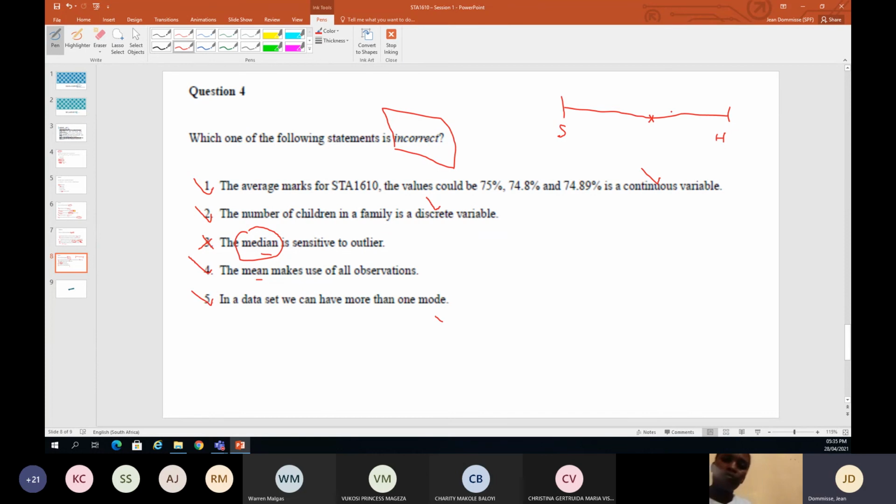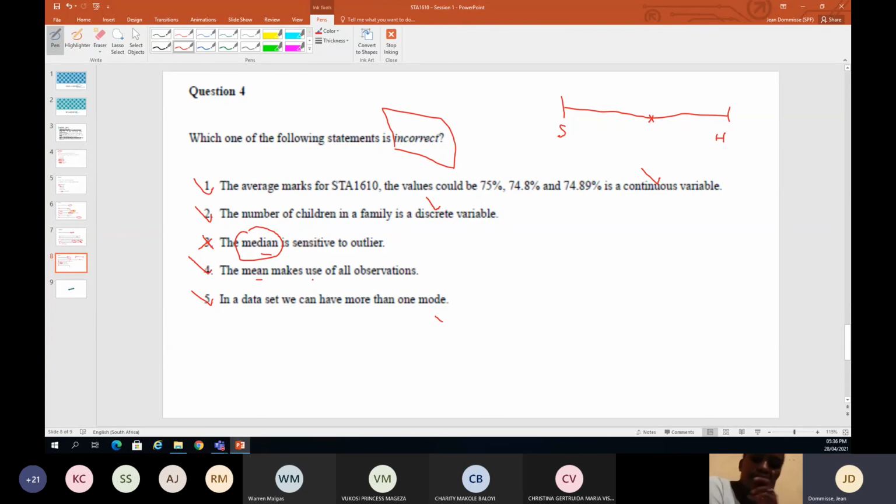And it doesn't matter if you have an outlier, it will still be your middle value. So is the median sensitive to outliers? No, it's not. It doesn't matter where your outlier is, the median will still be in the middle. So it's not sensitive to outliers. So that is the incorrect one.